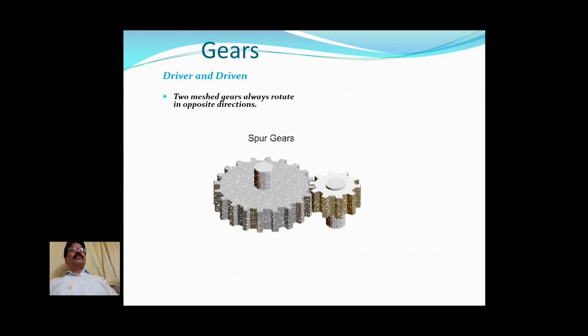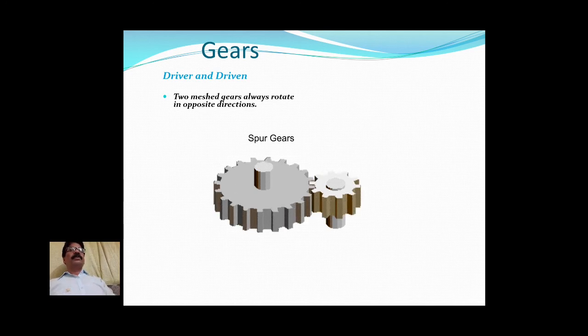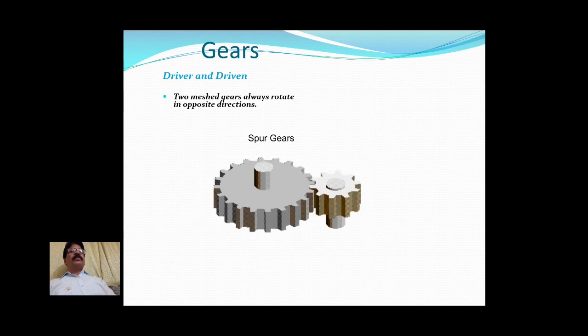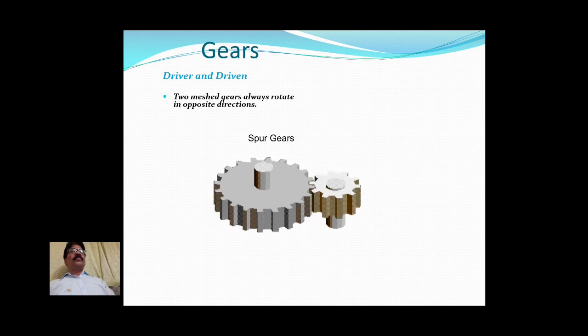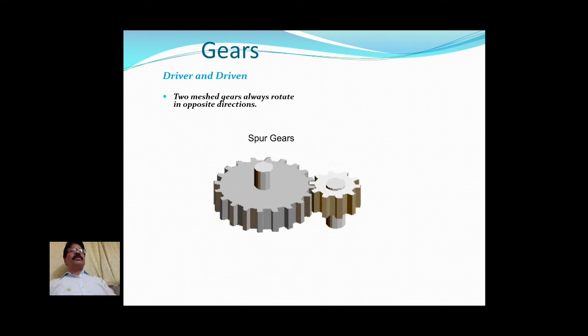What is driver and driven? So two meshed gears always rotate in opposite direction, as we know. Here one is the driver and another is the follower. We are giving the power to the driver and the follower is following that power.